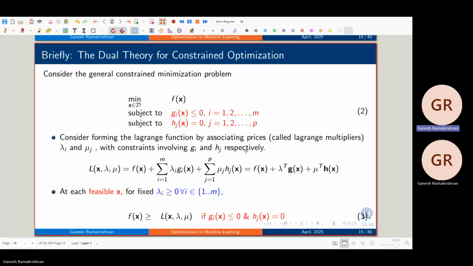Okay, I can't do all of that on the board so nicely, so I'm just going to leave it not too colorful, but try and put lambda_i greater than or equal to 0.